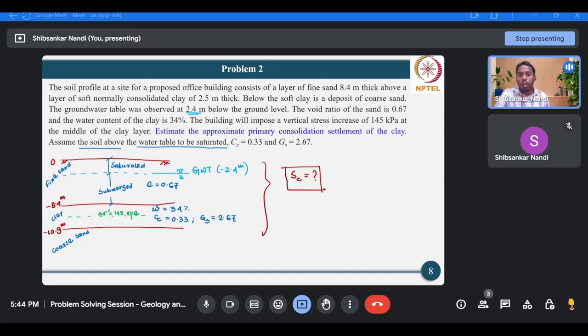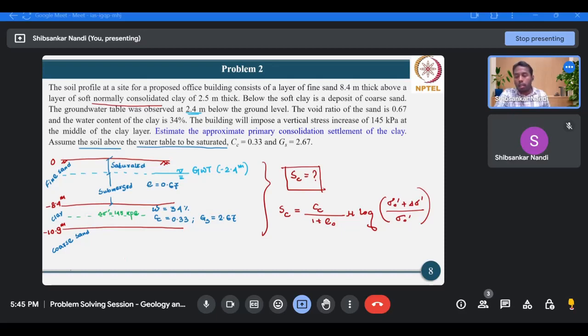All other things you can easily calculate, because this Sc is Cc divided by 1 plus e0, times H, times log of (sigma 0 prime plus delta sigma prime) divided by sigma 0 prime. And again, please note this terminology, that the clay in this problem is again normally consolidated in nature.